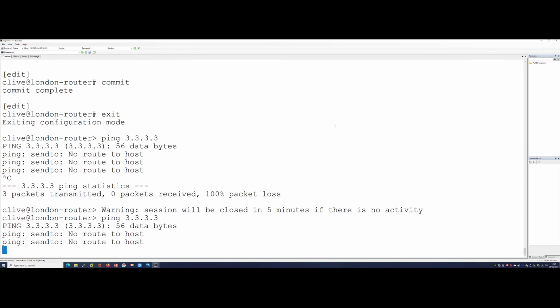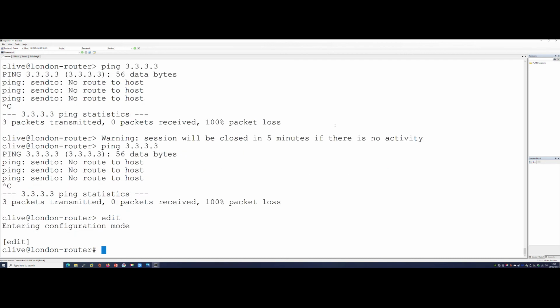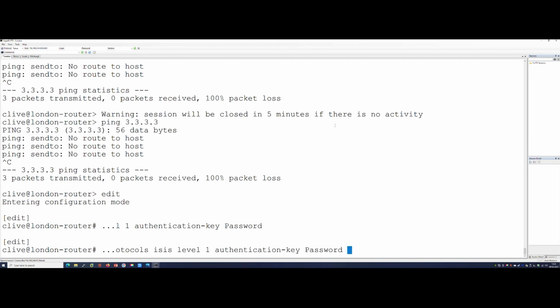So on London, we do set protocols IS-IS level 1 authentication key, got to be the same. Okay, and the type will be MD5.